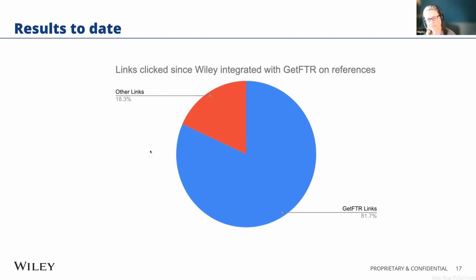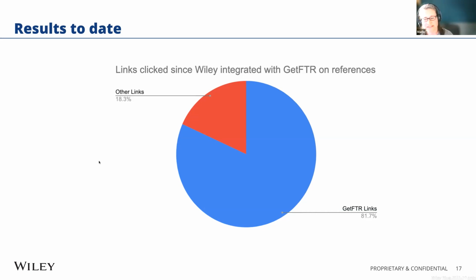Unfortunately, due to some data capture limitations before the implementation, we aren't able to compare pre-GetFTR link click-throughs of reference link versus after, but we can see what's been happening since the implementation, and the vast majority of users are clicking on the GetFTR links over the other reference links.